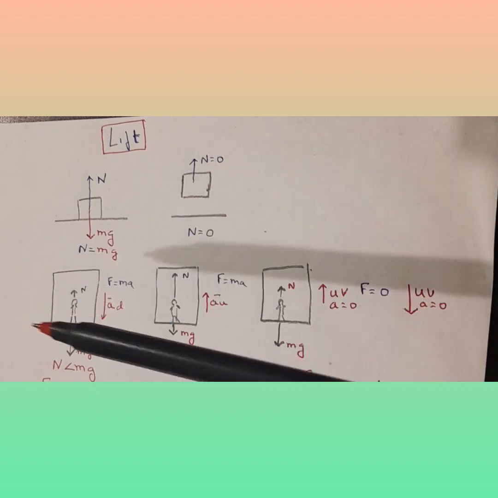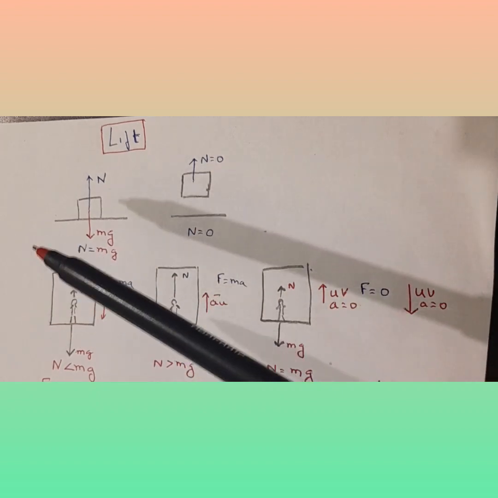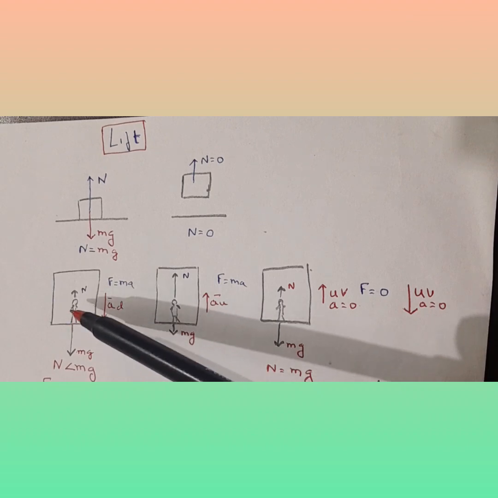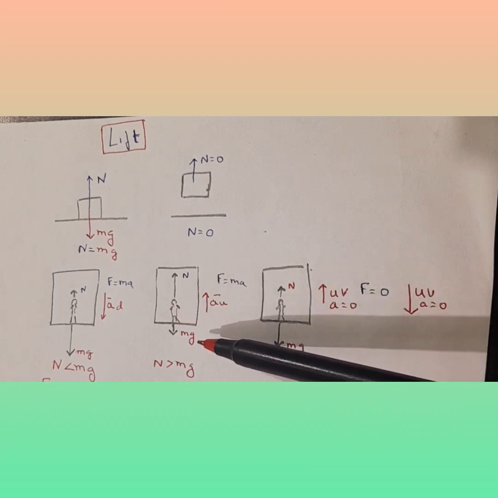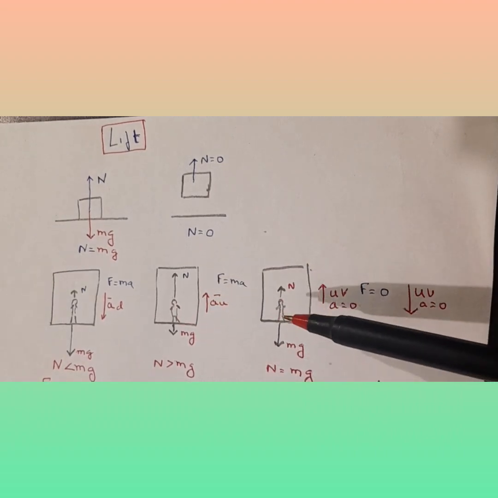Alright, now let's come to lift. Now, suppose this is the lift which is moving down with acceleration. This is the lift which is moving up with acceleration. And this is the lift which either goes up or moves down with uniform velocity. Obviously, that itself means acceleration is 0.